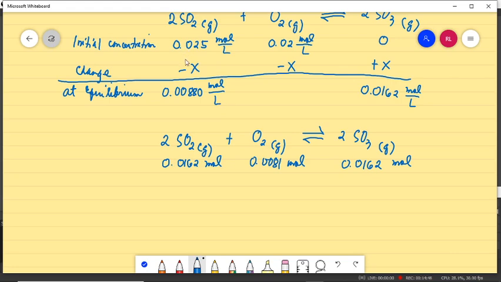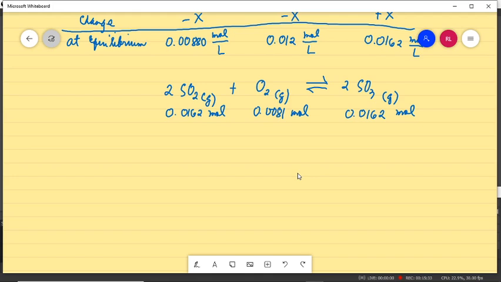So we just use the formula: concentration at equilibrium is equal to initial concentration plus the change in concentration. And since our change in concentration is negative, that becomes 0.025 minus 0.0162, and the result is this one. And then for oxygen gas, you have 0.012 mole per liter.